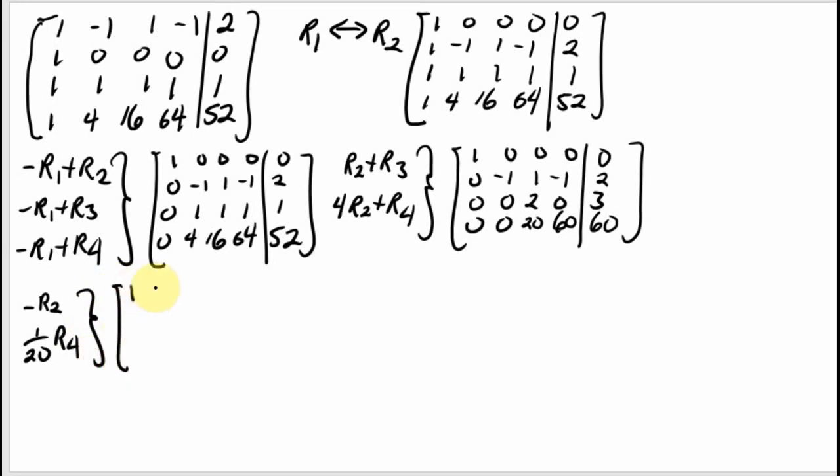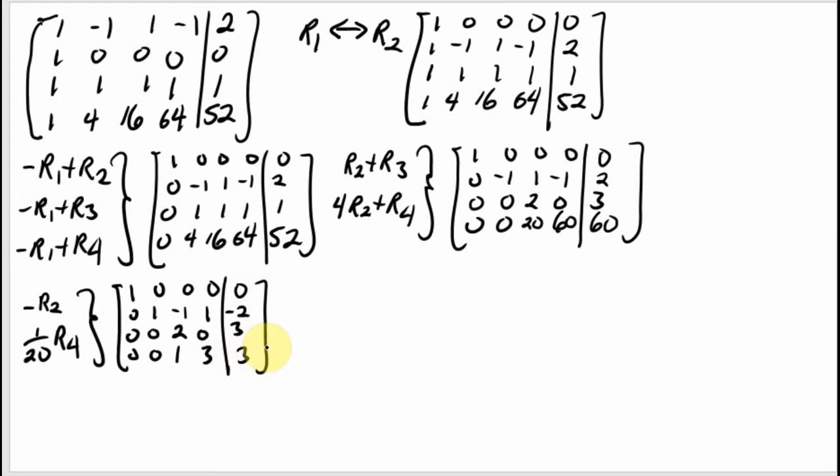So row 1 stays the same. I'm negating row 2, so this is 1, negative 1, 1, negative 2, 0, 0, 2, 0, 3, 0, 0, 1, 3, and 1. Oh, excuse me, 3. So those numbers are small, just the way I like it.